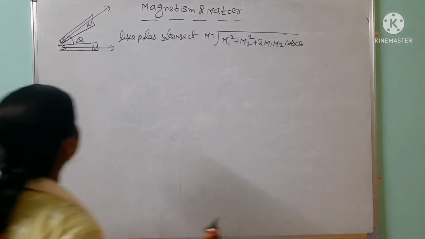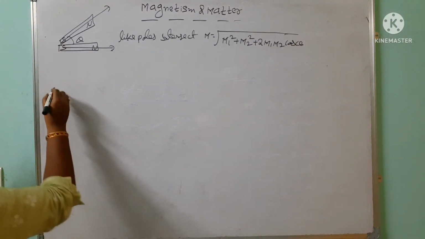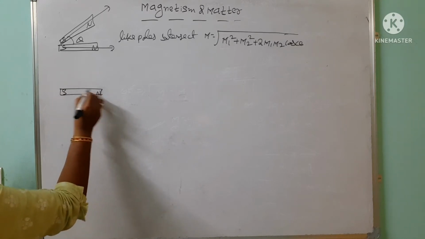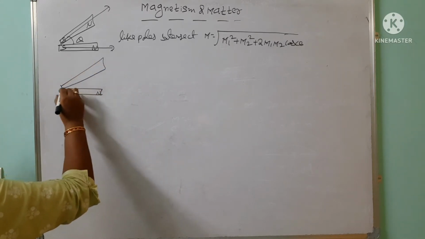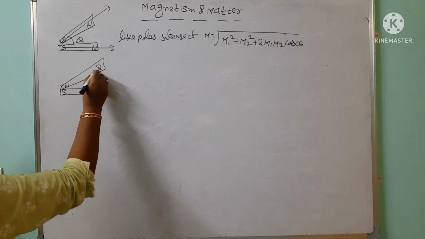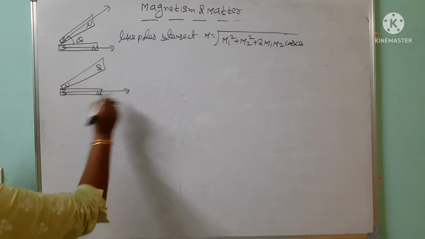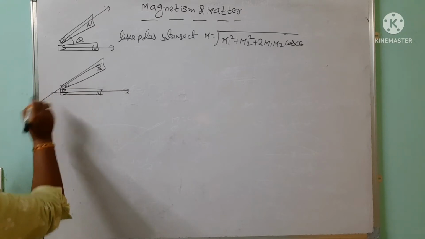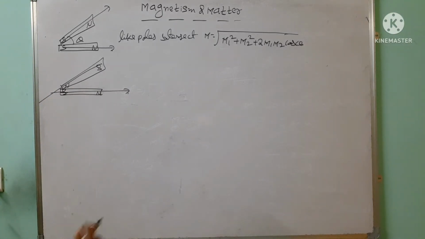Like that, one more case. Unlike poles: this is south and north, and this is north and south. Here the direction is south to north, and here like this. So in this case, what is the resultant magnetic moment?